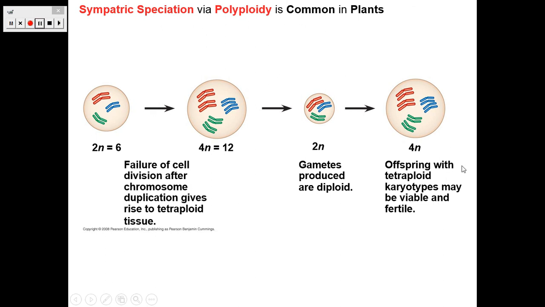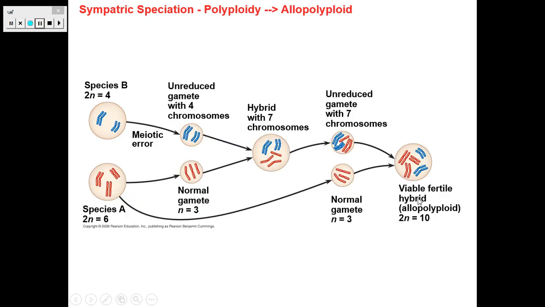But that's okay sometimes because I still have homologous chromosomes. So that's kind of the key there, is whether or not we have homologous chromosomes. So this is kind of showing you the difference between the two. So I have species A, I have species B. Species B has some sort of meiotic error, and so there's an unreduced gamete that now has 4 chromosomes.